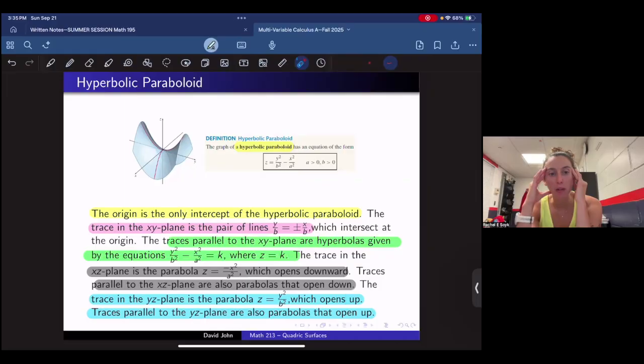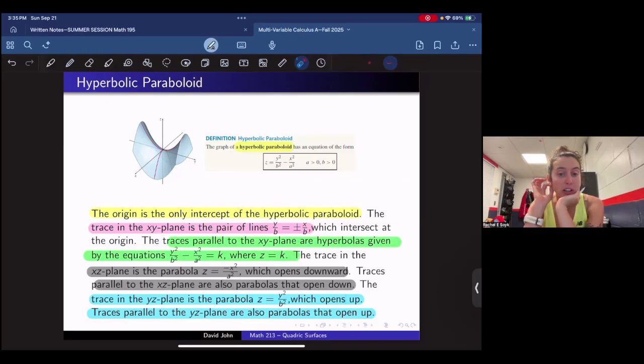And we have the origin as our only intercept of the hyperbolic paraboloid. Our trace in the xy plane is the pair of lines y over b is equal to plus or minus x over a, which intersects at the origin. You can see that over here.